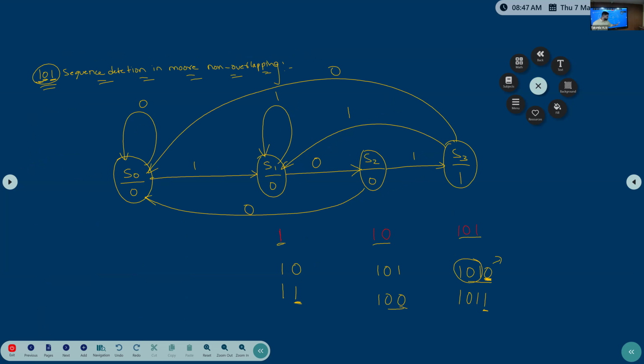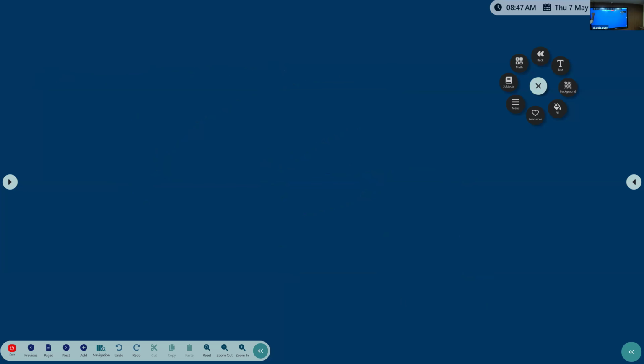At S3, we are getting the 101 sequence, after that only the extra bit is coming. Yes or no? So that's the reason when we reach S3, that state's output will be 1. No doubt. Clear? When you reach S3, you have already detected the 101 sequence. That's why it is represented inside the state itself. That is the small difference between Mealy and Moore. Clear? So now we'll see 101 sequence detection.